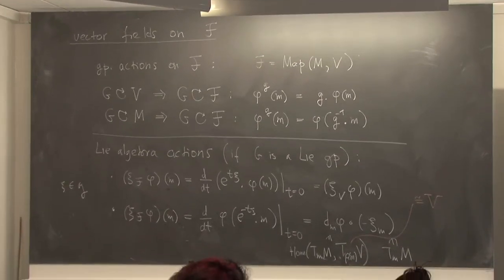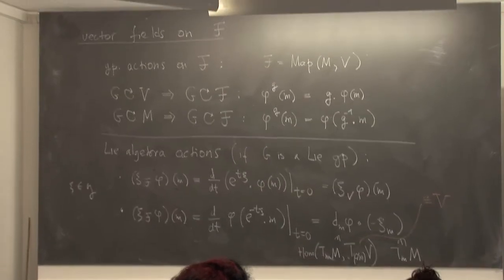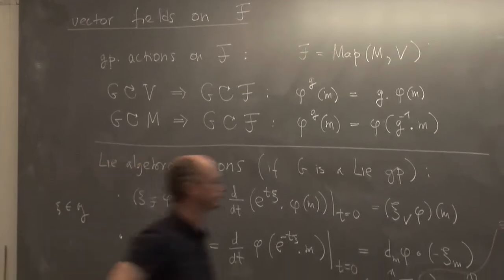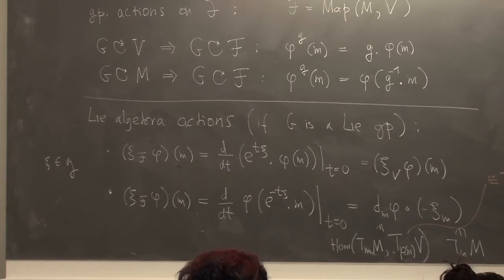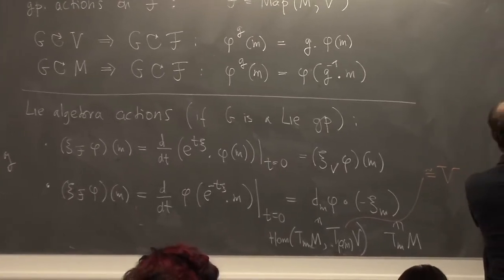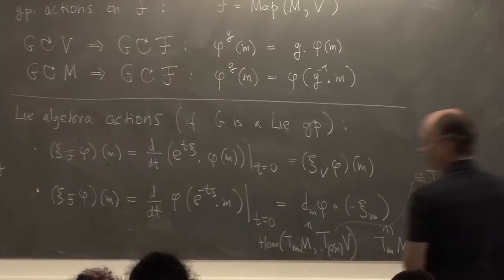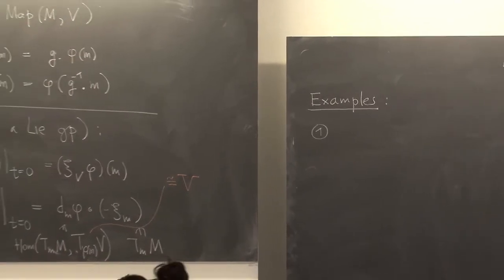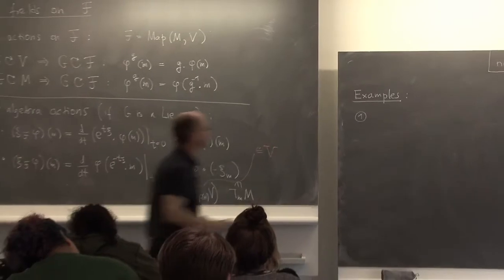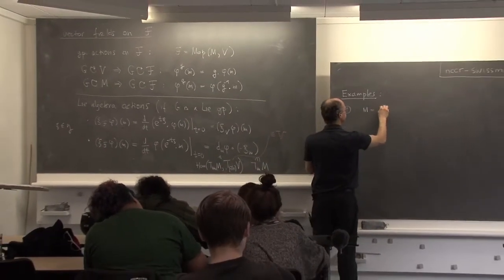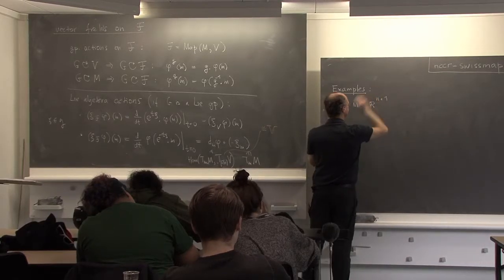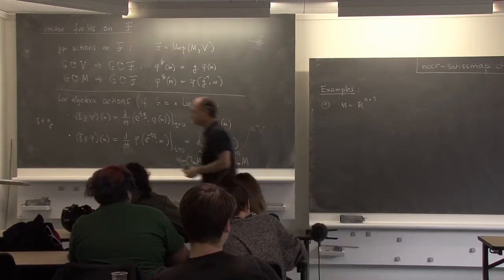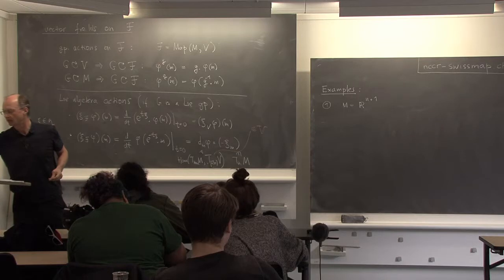So let's see how this machinery works in practice. So let me choose as a first example the scalar field on R to the power n plus 1.